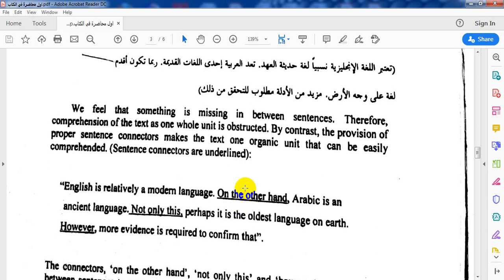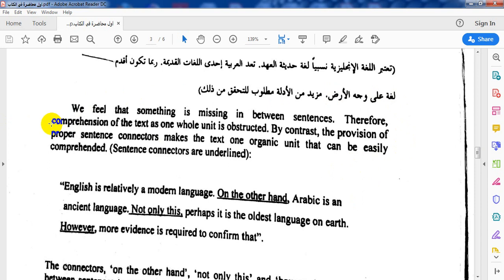So what is the purpose of using conjunctions or connectors? We have two main justifications for the use of conjunctions or connectors.